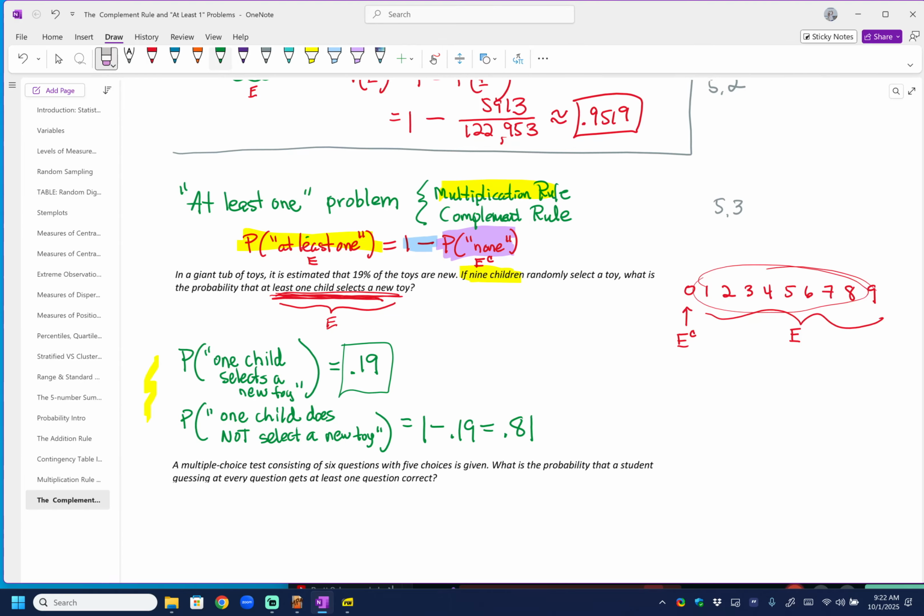But this problem is not asking for all 9 children. It's asking for at least one child selects a new toy.